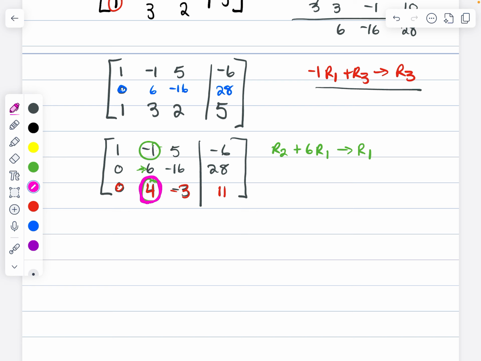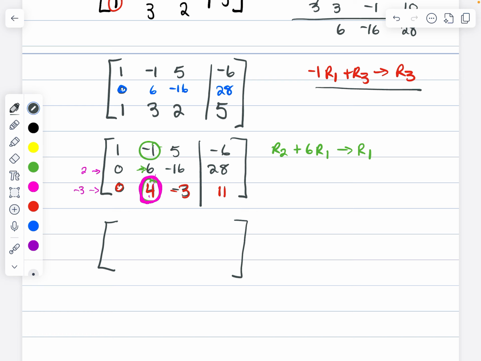So if we multiply row 2 by 2, and then multiply row 3 by negative 3, that'll give us opposites, and these will cancel and give us 0 here. So two things are going to happen. All right, so let me go ahead and just stick to one thing at a time.